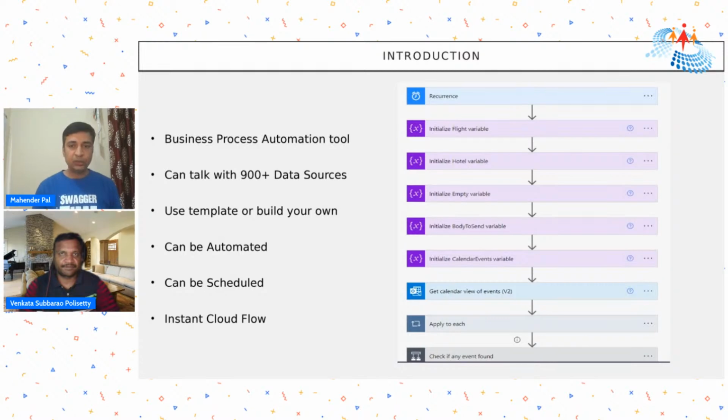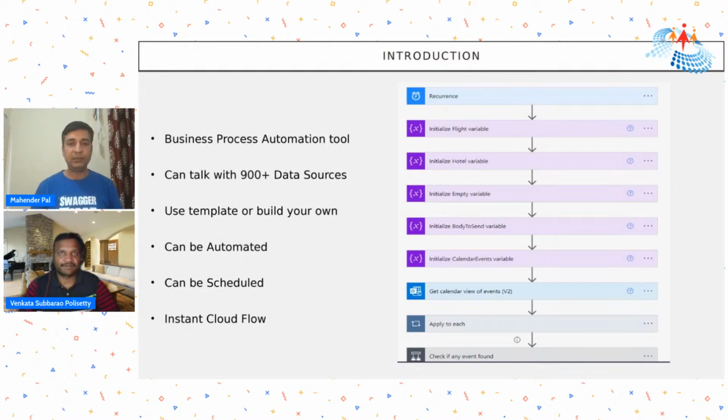We have hundreds of connectors here. It can connect to almost 900 data sources. When we are working with any application or front end, we have some back end where our data is stored. And if your application is complex, there may be two or three backends that your front end is connected with.